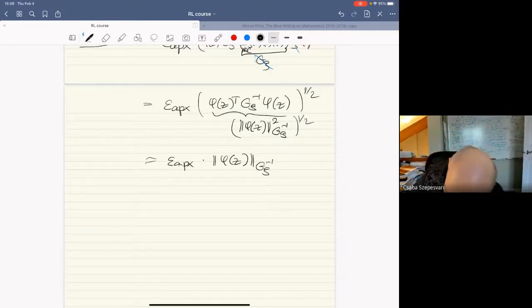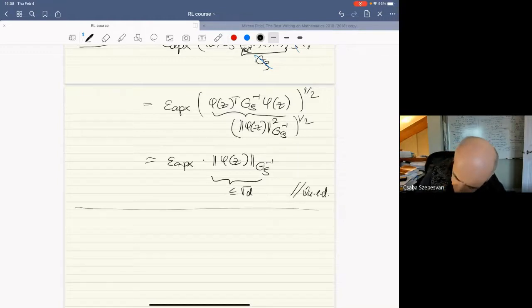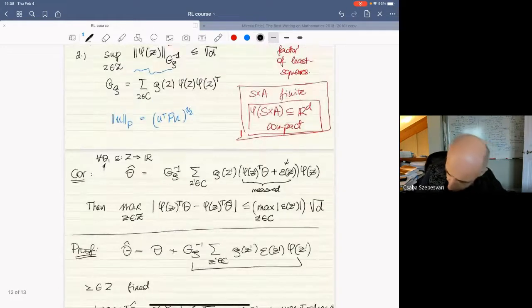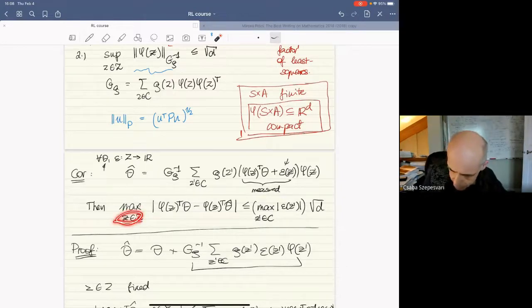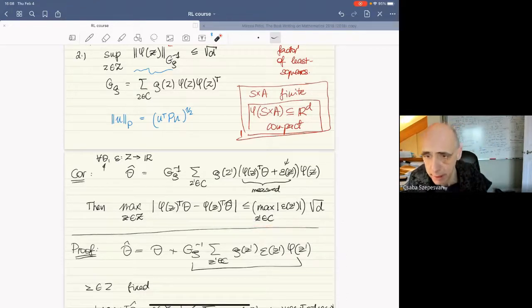And the Kiefer-Wolfowitz theorem tells us that this is smaller than square root of d, which finishes the proof. Because this is what we promised: no matter how I choose z, and here I chose z in an arbitrary fashion, the error is going to be controlled by the maximum error over z prime times square root d. That's very nice. Errors are inflated by at most a factor of square root of d.